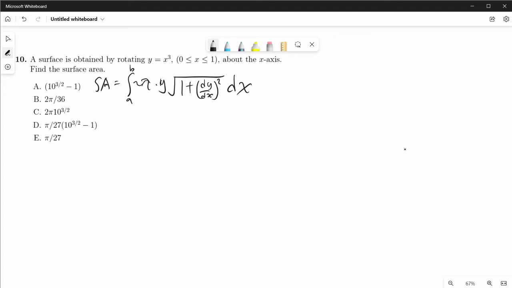So then, let's graph it over here. Generally a cubic function looks a bit like this. We're just concerned with this part, from 0 to 1.